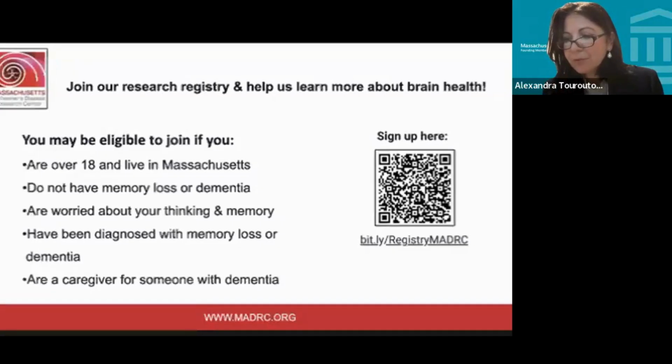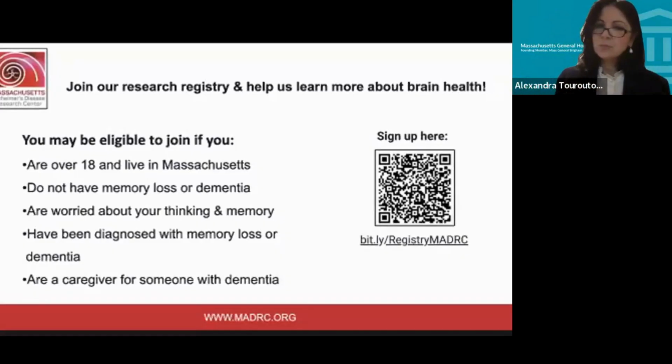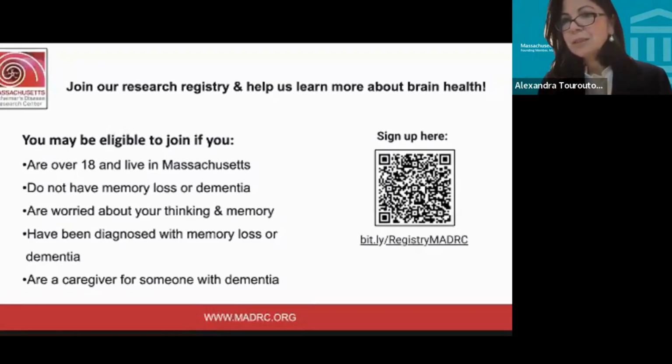I know that there are efforts at Mass General and other institutions to have the tau PET also covered. What is happening is that when an order is needed for a tau PET and it's not being covered in the clinic, because the clinic is so interlinked with research, and we share the scans, the neuroscientists will share the scans with the clinicians to better understand the disease of that particular person.